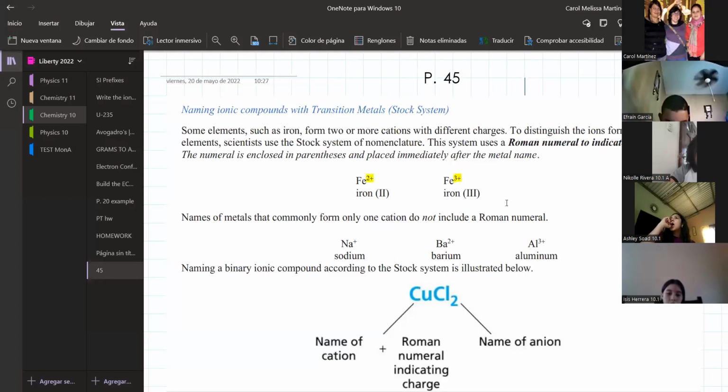To identify which iron we are using, we're going to specify the charge. In the first one, it's going to be iron, and immediately after, in parentheses, you will put the Roman numeral to represent 2, which is the charge that is indicated, okay? It is the charge, it's not the subscript.